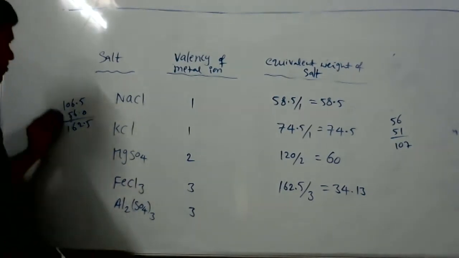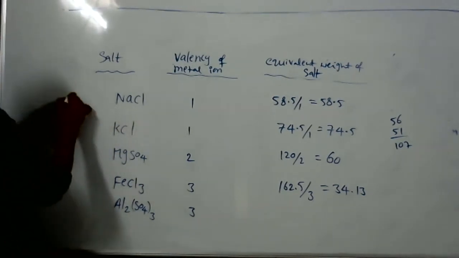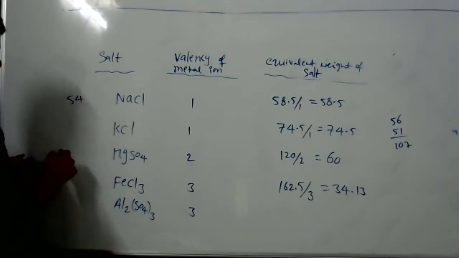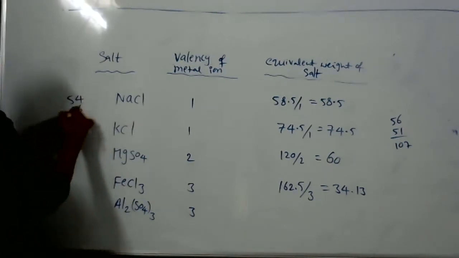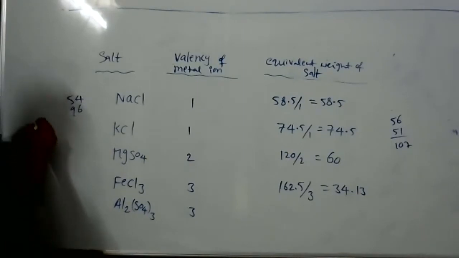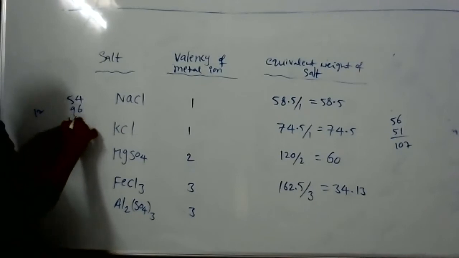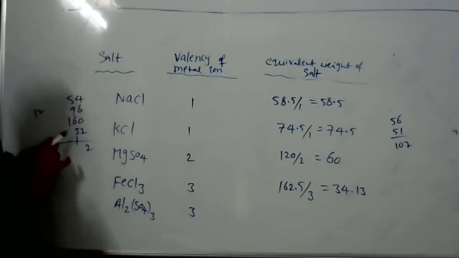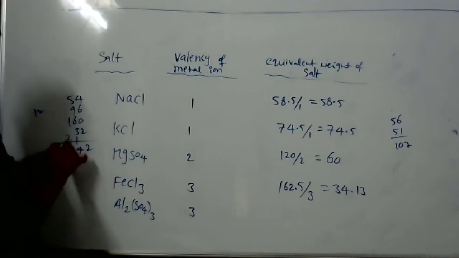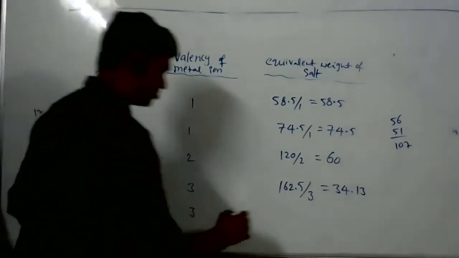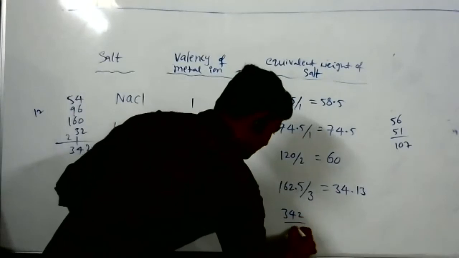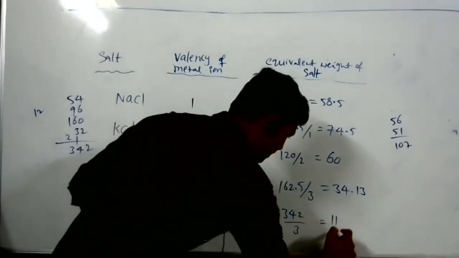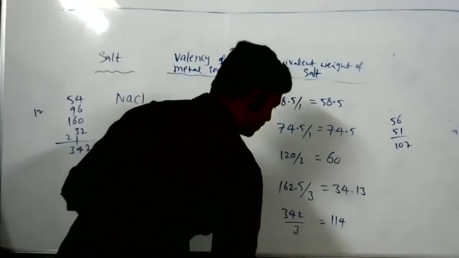Next, Al2(SO4)3. 2 aluminum mass is 54, 3 sulfurs 96, 12 oxygens 192, total 342, divided by 3 gives 114.